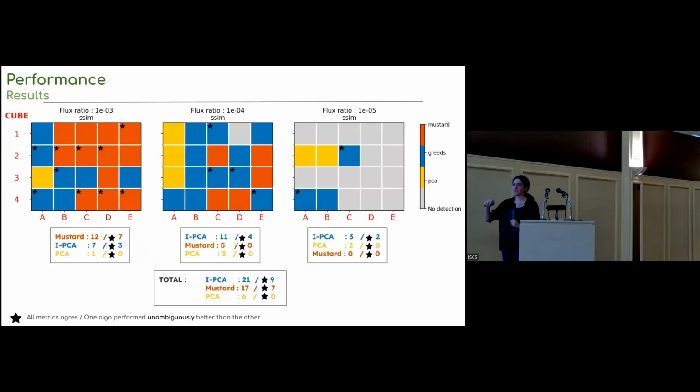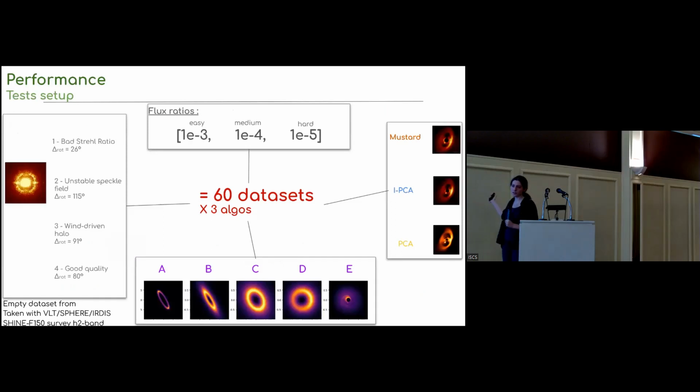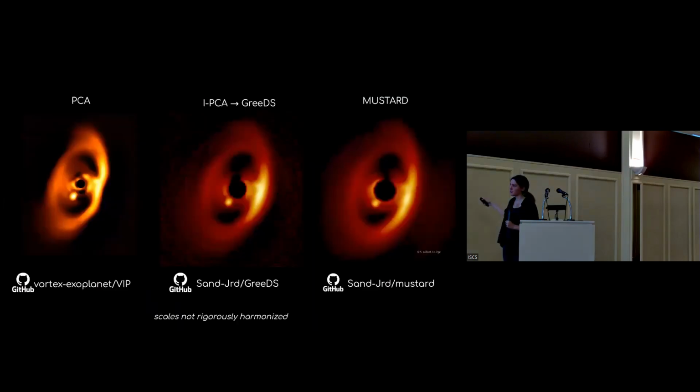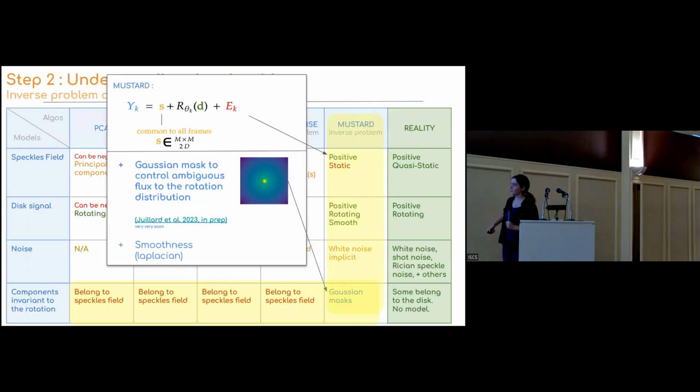This is just like a visualization: we put all the flux invariant to the rotation in the disk estimate. And then we push that flux invariant to the rotation according to the mask till we end our minimization, and that's how we sort it.